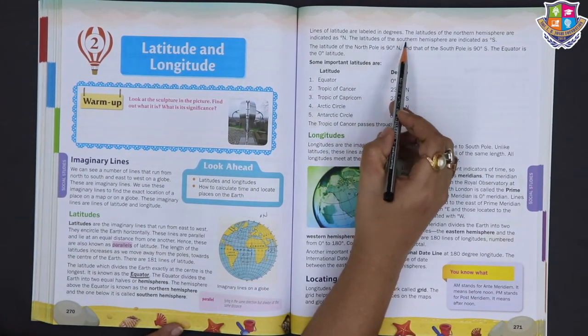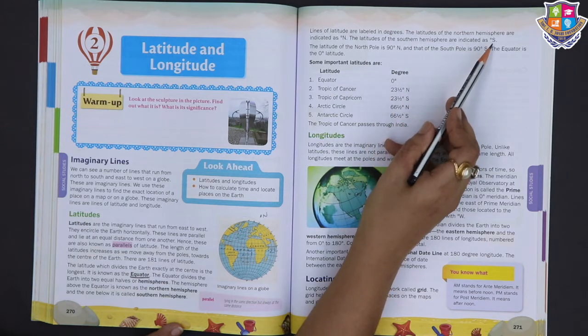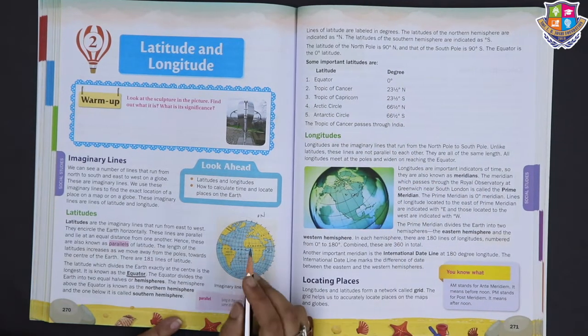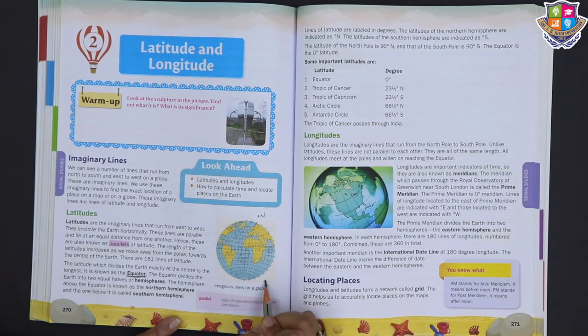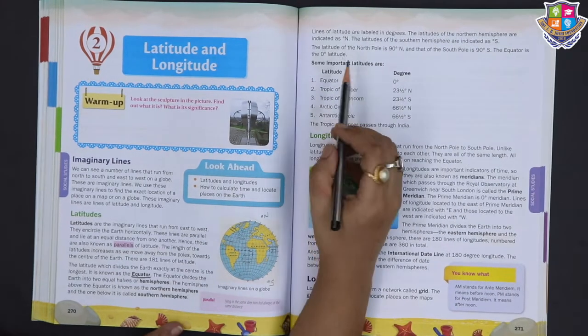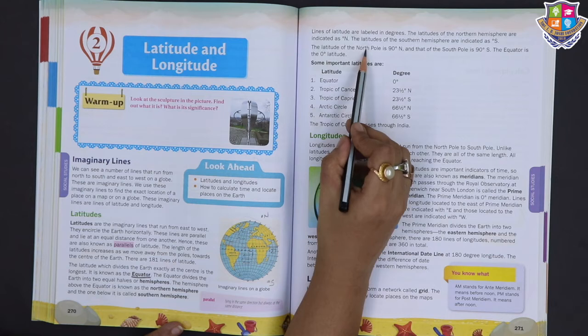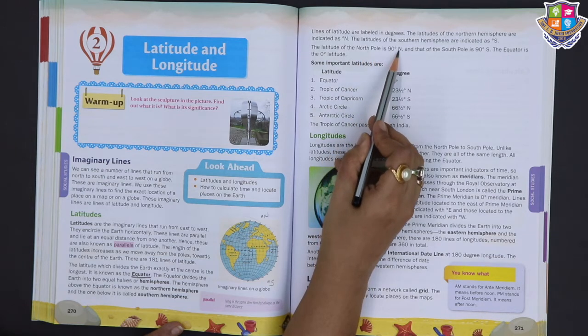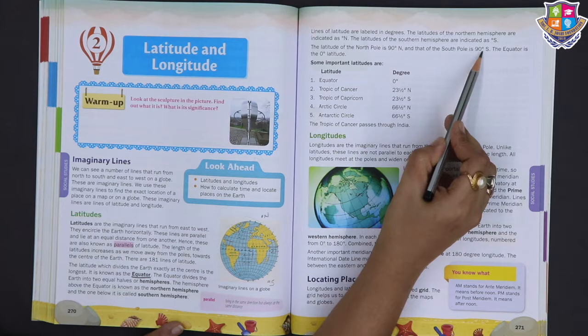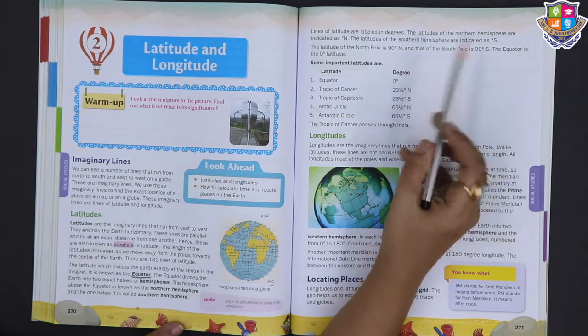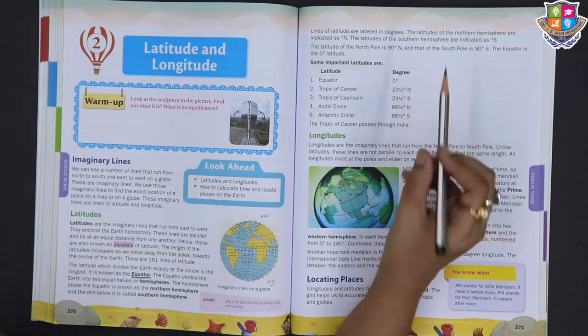The latitudes of the southern hemisphere are indicated as degrees south, that is, degrees S. The latitude of the North Pole is 90 degrees north and that of the South Pole is 90 degrees south. The equator is a 0 degree latitude.